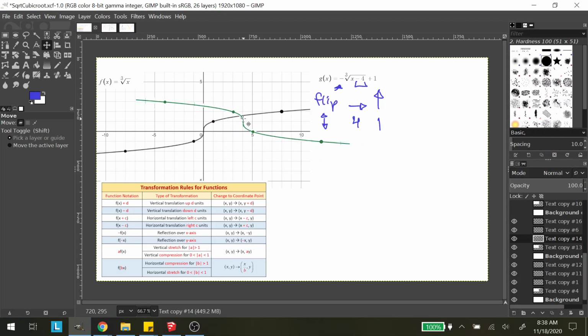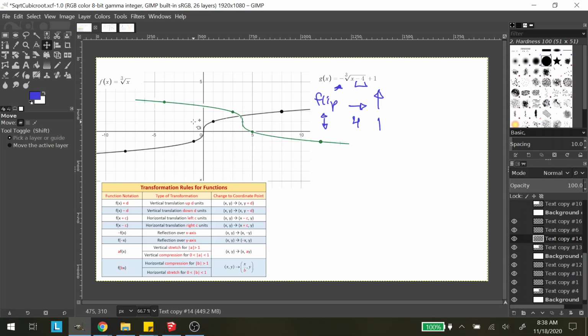Now if you're doing it, I know that mine's not quite perfect. Kind of see I'm trying, but it's as good as I could do. What you want to do is just move these points. So if I take this point and flip it down, move it right 4 and up 1, hey, look, that's just where we are.